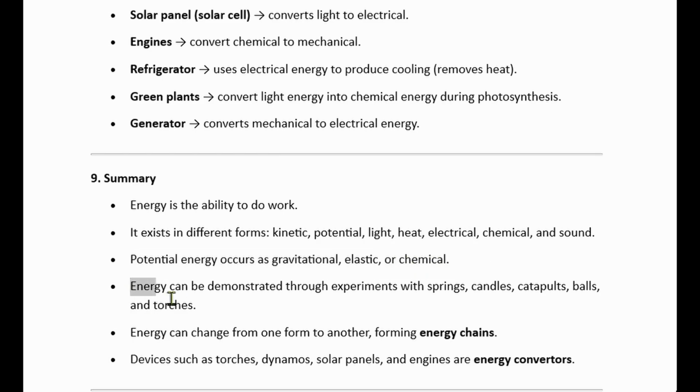And then energy can be demonstrated through experiments with springs, candles, catapults, balls, or torches. Energy can change from one form to another, forming energy chains. Devices such as torches, dynamos, solar panels, engines are also called energy converters.